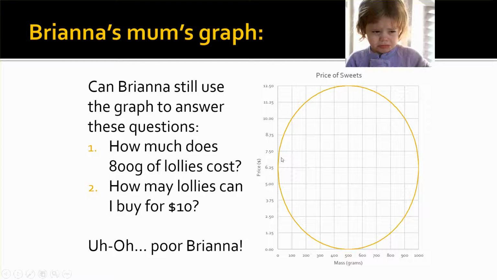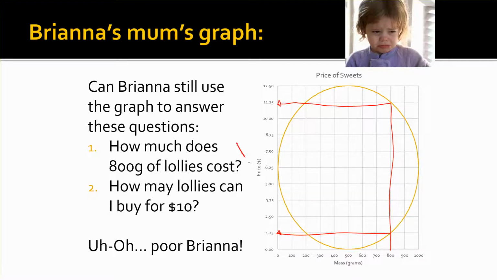We'll look at this final person, Brianna. She's obviously crying. Let's see if there's a reason why she's crying. We'll ask her the same questions. So I'll ask her, first of all, how much does 800 grams of lollies cost? She'll say, well, it either costs $1.25 or $11.25.